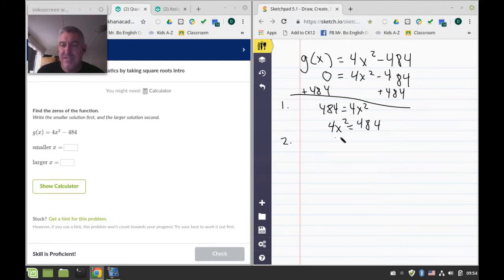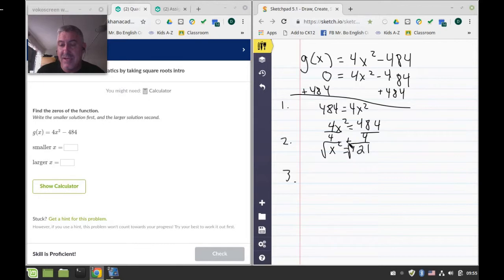Step 2, next step, I want to divide by 4, and that's x squared is equal to 121. And then our next step, step number 3, we're going to take the square root of both sides.